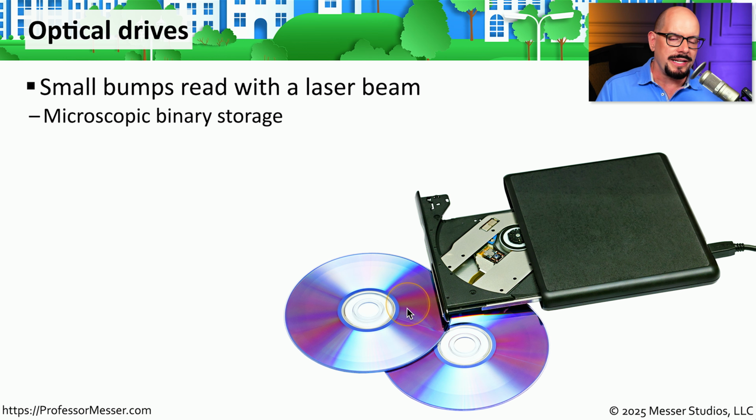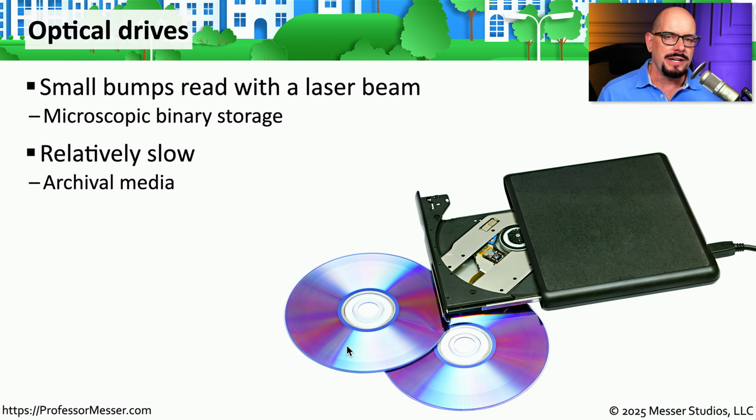This is storage that is microscopic in size, and we're able to store a great deal of information on a single optical drive. Because of this method of writing information and reading information using a laser, these tend to be relatively slow when you compare them to a hard drive or to an SSD. But since optical drives take up very little room and store quite a bit of information, they were a very good choice for archiving data for later.